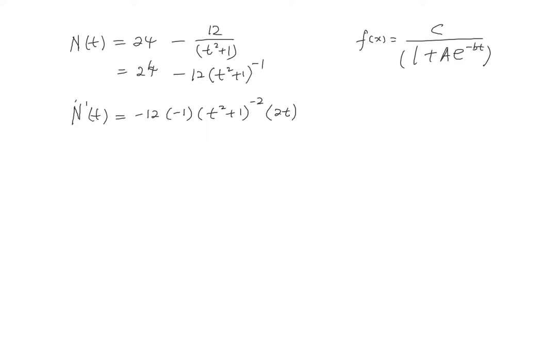So I got 24t divided by t squared plus 1 to the power of 2. So you see, as t goes, it will never become 0. It will approach 0 but never become 0. The 24.